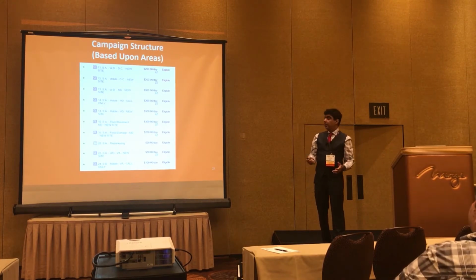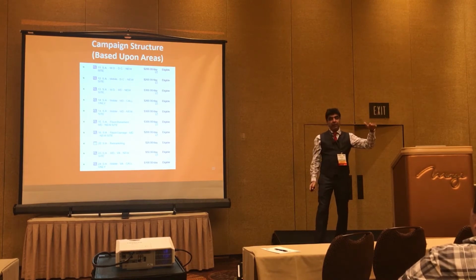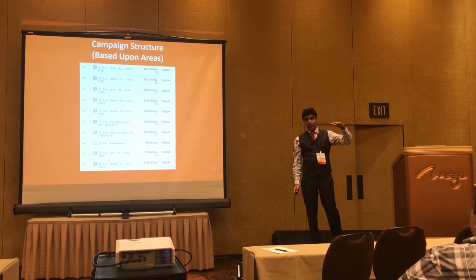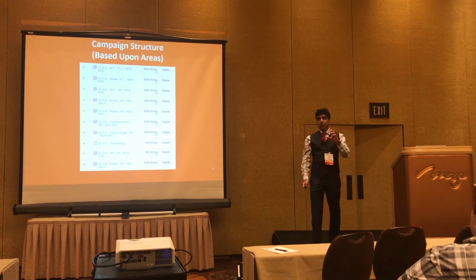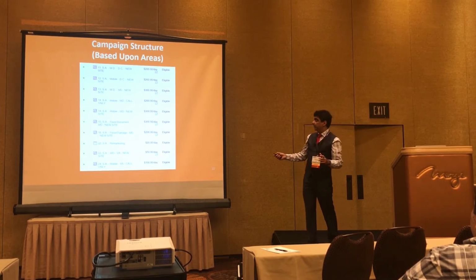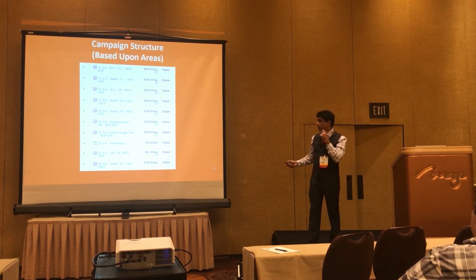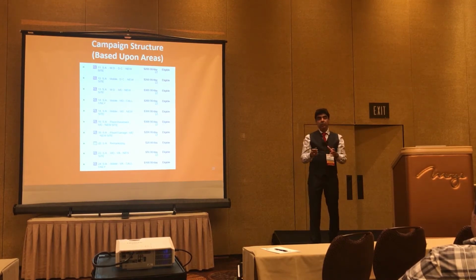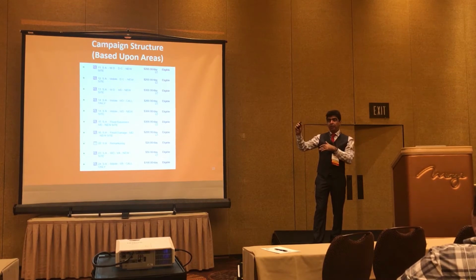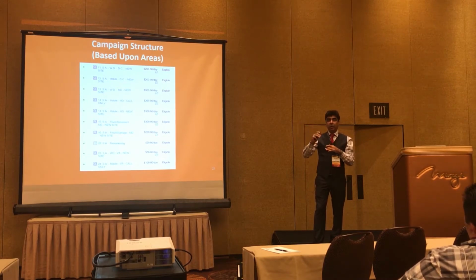A separate campaign will allow you to have separate landing pages, which means now the campaign for, in this case, let's say Washington, D.C., and a campaign for Virginia, and a separate campaign for Baltimore. Although they're very close, separate campaigns allow you to write copy on the landing page accordingly.